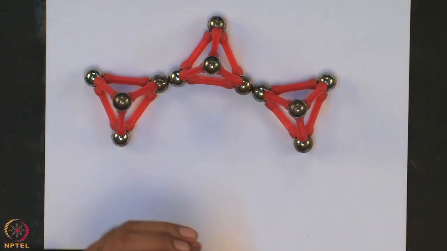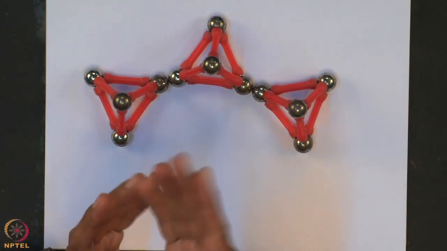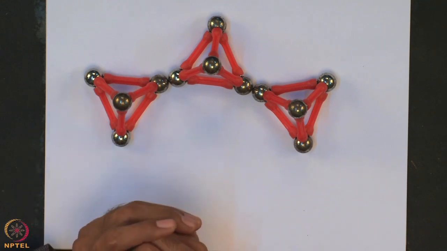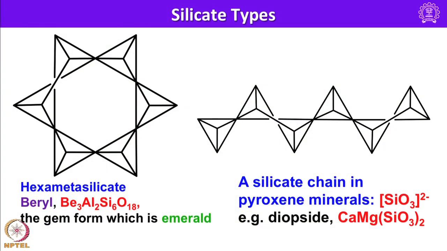If you have something like this, this will be a chain silicate. And in the cyclic one, we have 1, 2, 3, 4, 5, 6 are there. So, that is essentially another 3 I have to put here. This is an example for beryl, the beryllium ore, as well as emerald. This is essentially a gem.